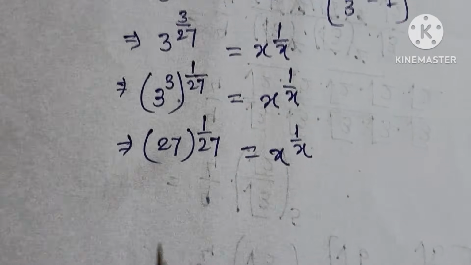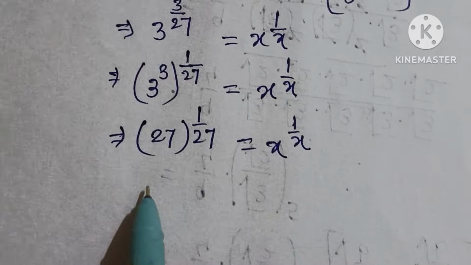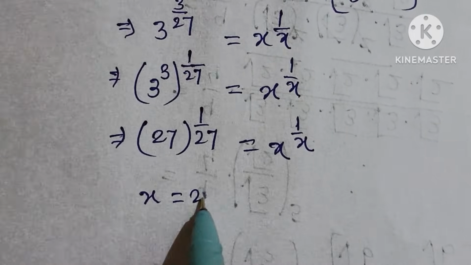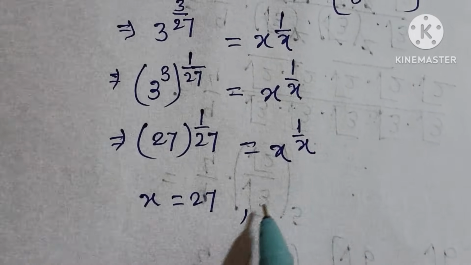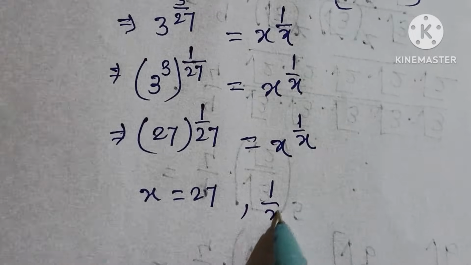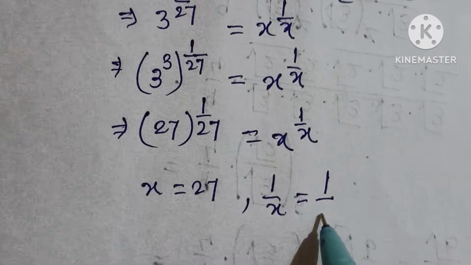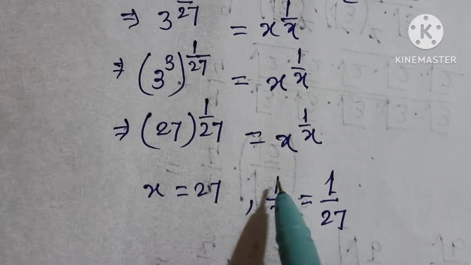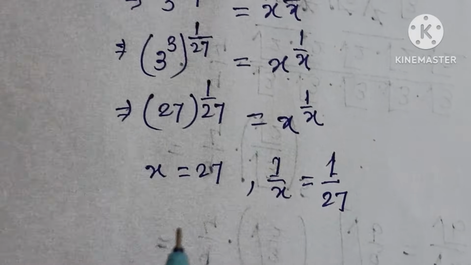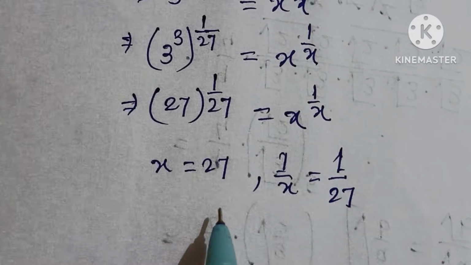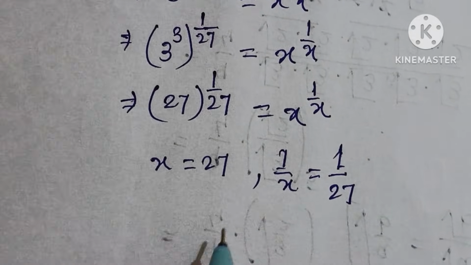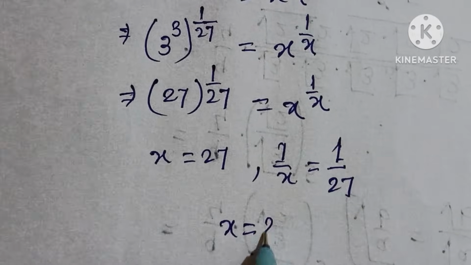Now we got here values. x is equal to 27 and 1 upon x is equal to 1 upon 27. So overall value of x is 27.